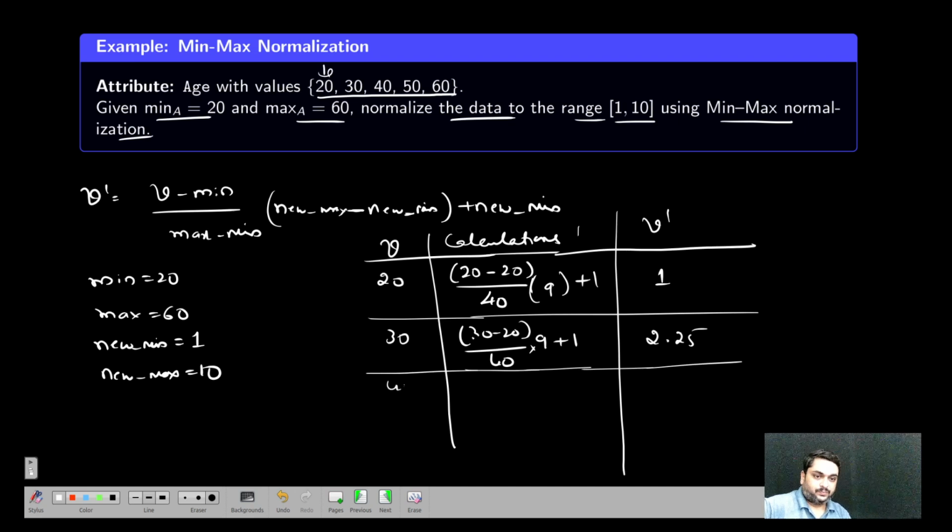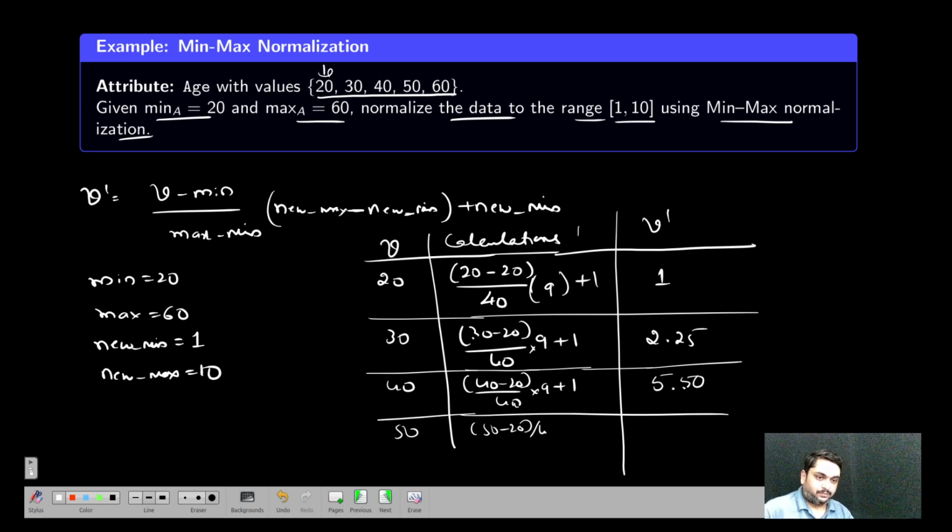Then 40 minus 20 divided by 40 into 9 plus 1. 20 by 40 is 1 by 2, 4.5, this will be 5.5. Then 50 minus 20 divided by 40 into 9 plus 1. I'll get it as 7.75.